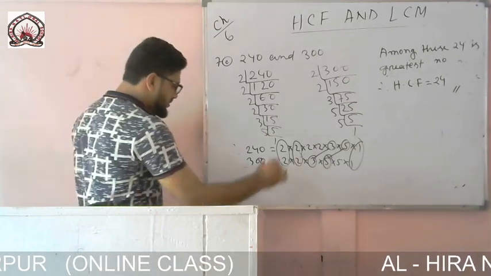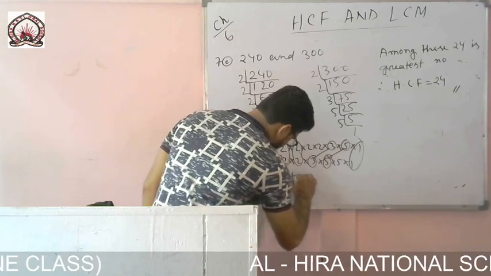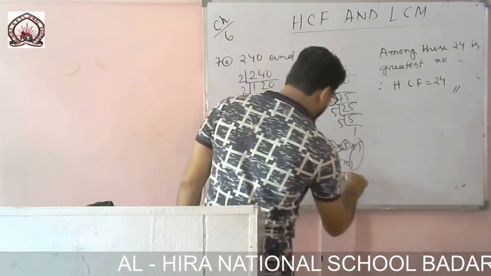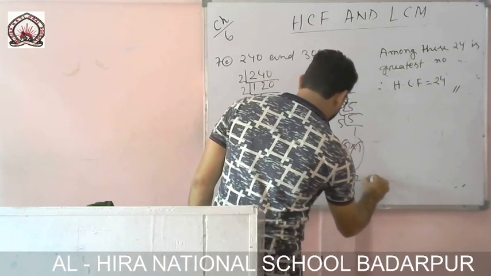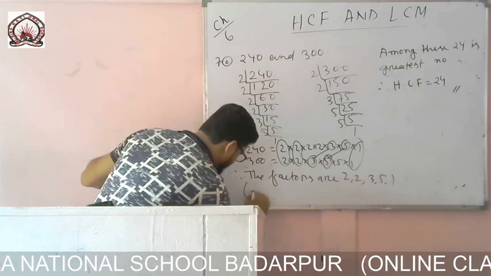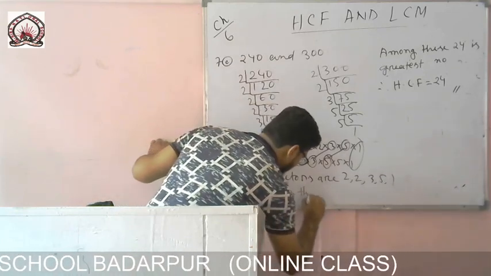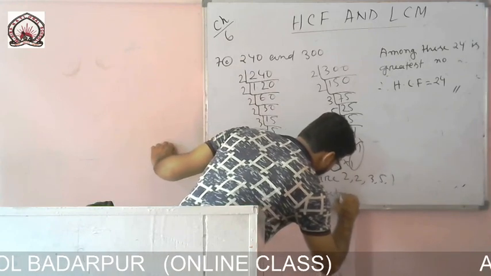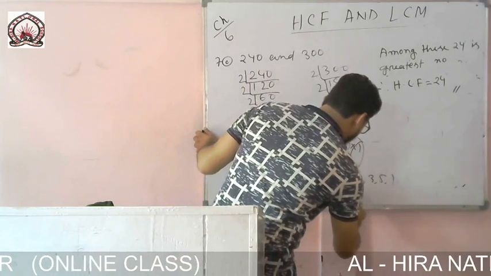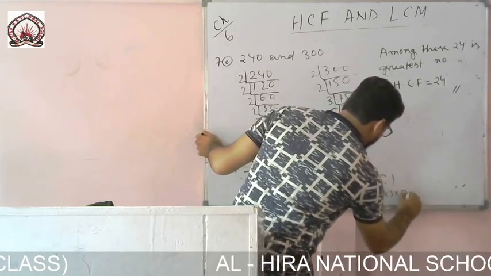Okay, so now you write, therefore the factors are 2 comma 2 comma 3 comma 5 comma 1. Now write grouping the factors. Grouping the factors, what we got? 2 into 2 into 3 into 5 into 1.